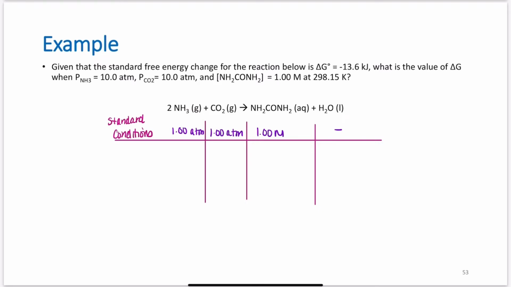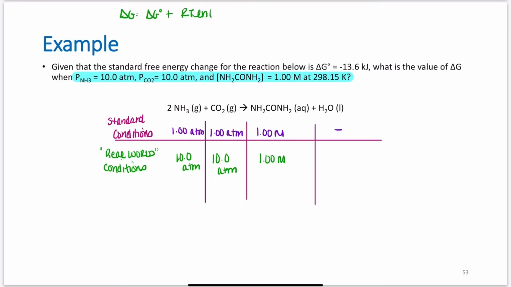Under these real-world conditions, which are noted in the question itself, I have 10 atmospheres of NH3, 10 atmospheres of CO2, and 1 molar NH2CONH2. So what is my delta G? I'm going to have to use my equation. Delta G is equal to delta G naught plus RT ln of Q.